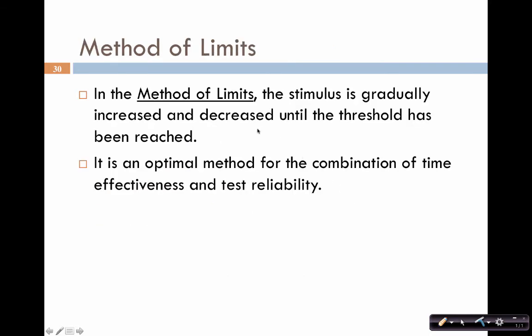And the method of limits employs a set of rules for when you increase the amplitude and then decrease the amplitude until, we're introducing a word here that I haven't defined yet. We'll define this word in part 3, this word threshold.